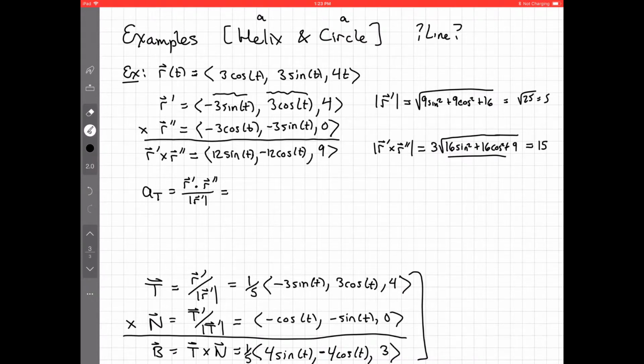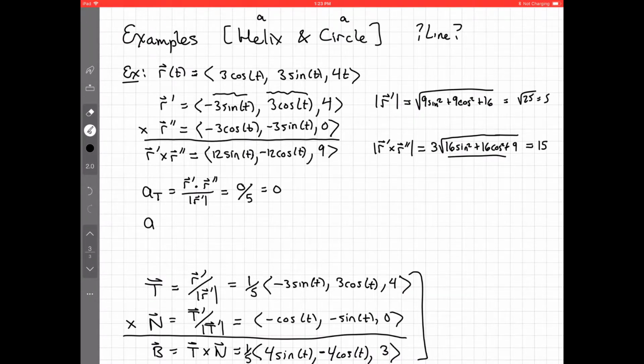Those cancel, and the final components, if you dot product them, you get 0. So it looks like the tangential component of acceleration for us is 0. Okay, we'll write that down as 0 over 5.